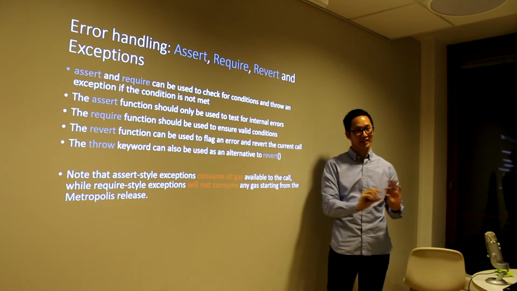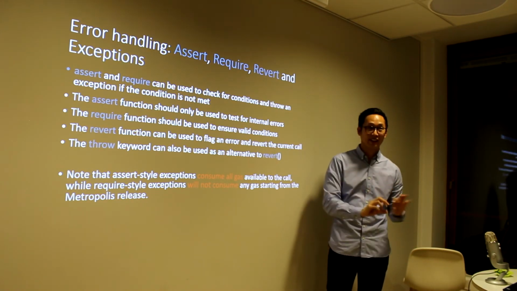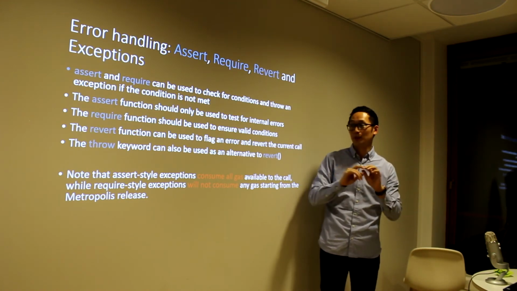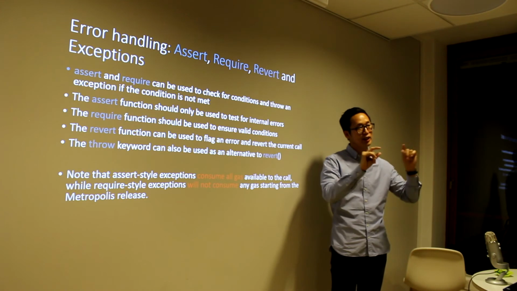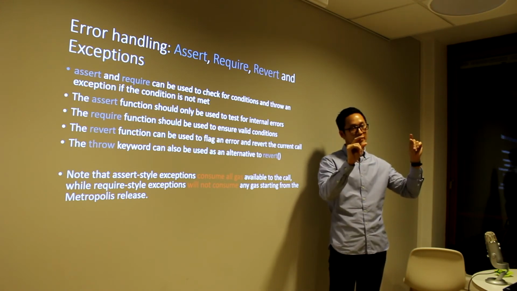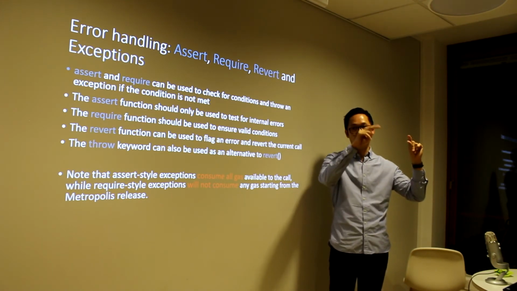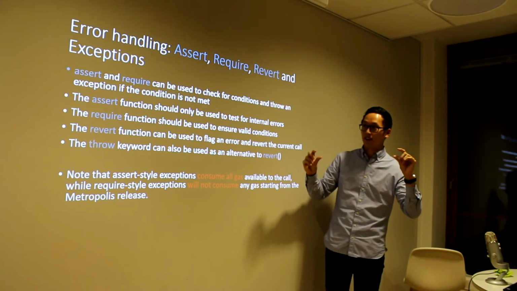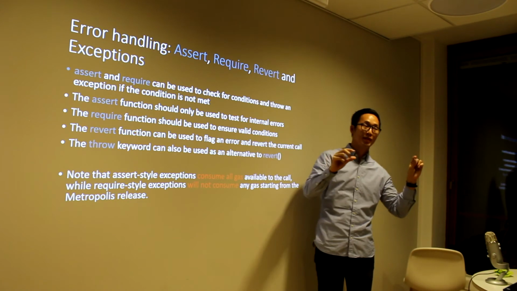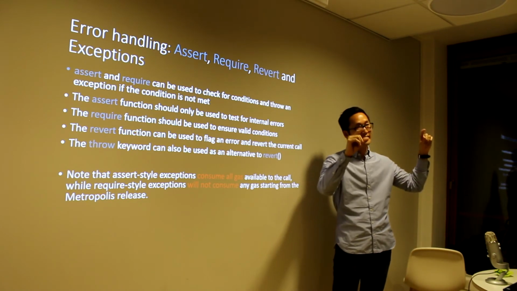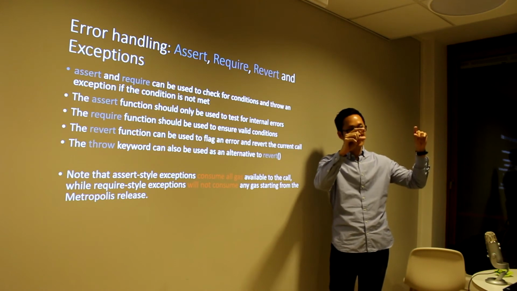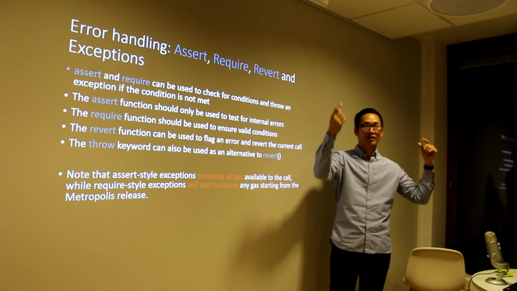That's how you use assert, like in normal programming. Then you have require to check inputs in a function, that the input parameters are correct. Maybe you don't want people to be able to send less than 1 ether, then you can have a condition in the beginning, or you can have a modifier.